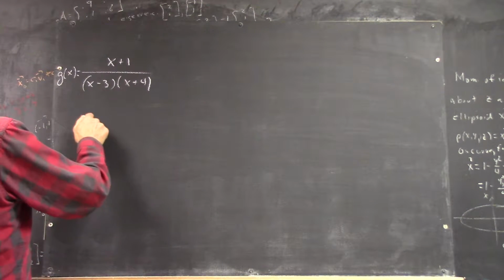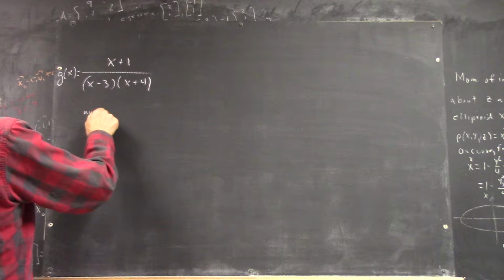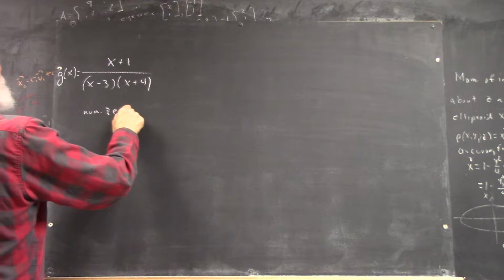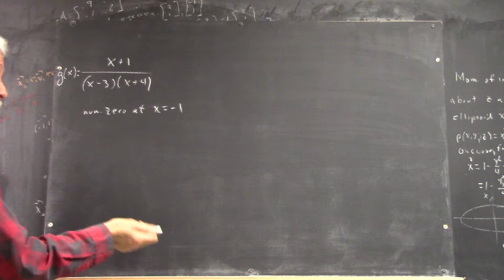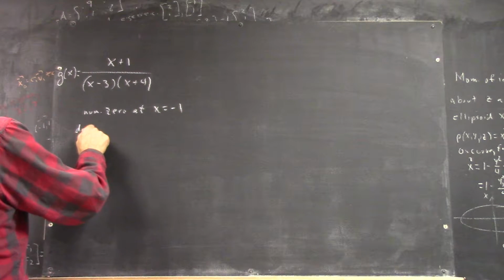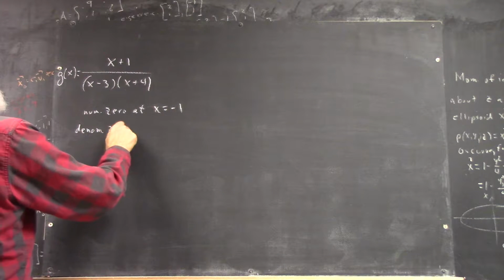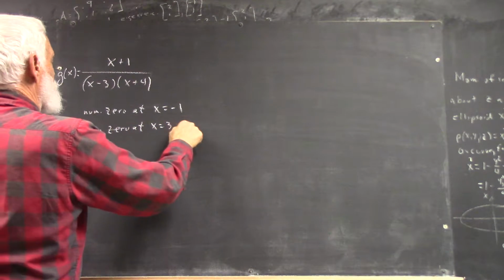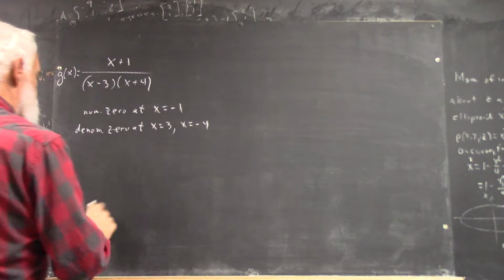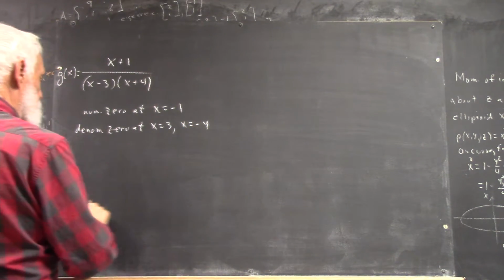You have numerator 0 at x equals -1. Denominator 0 at -3 and -4.